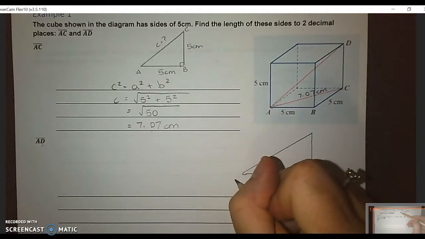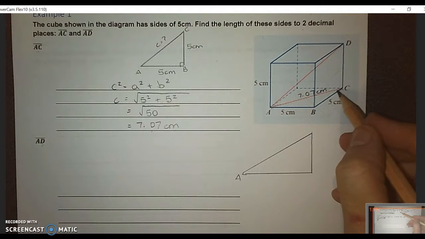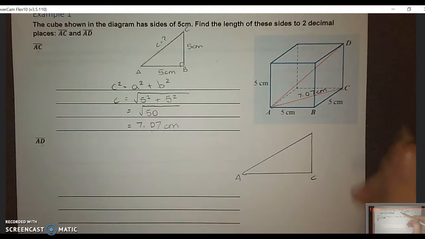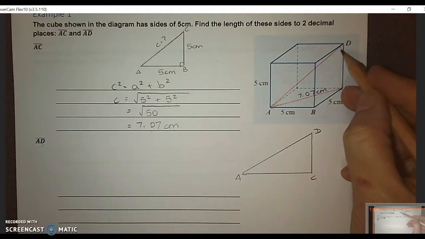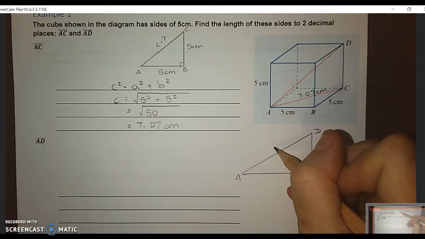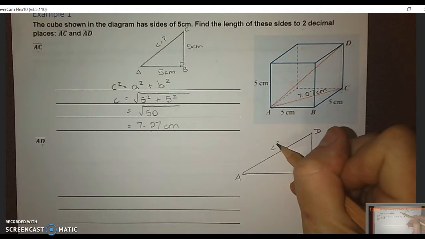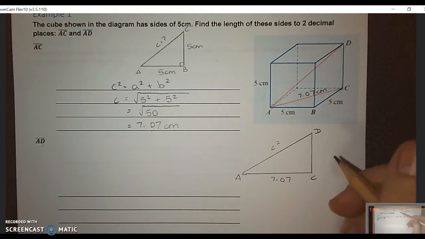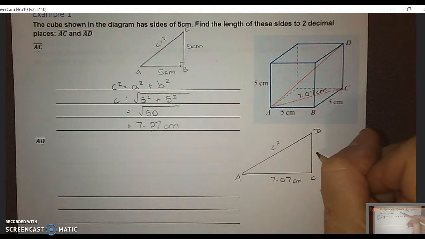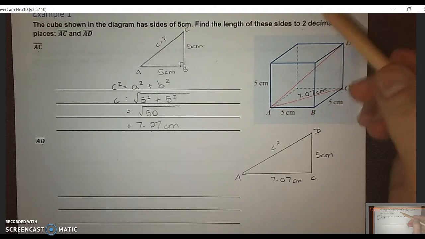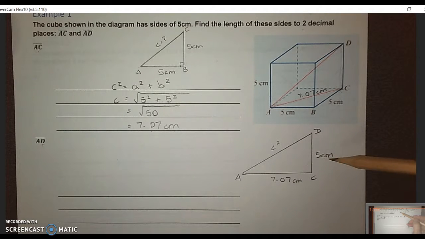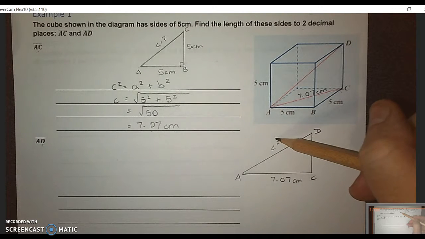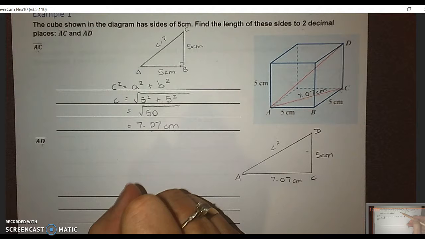So once again, this is point A here, but now this is point C over here, and D. So here is our triangle, and we are looking to find this length. This is 7.07 centimeters. This is 5 centimeters. So we've drawn our triangle, and we've put as much information on there as possible.